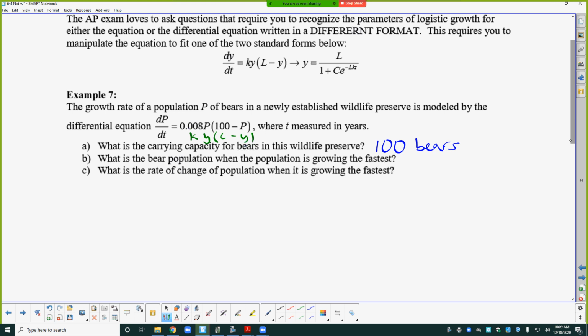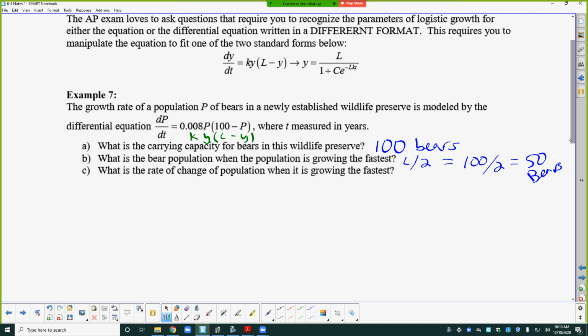What is the bear population when the population is growing the fastest? Go ahead and do that whole process that took us about 25 minutes yesterday, or know that it happens at L over 2. It equals 100 divided by 2. In other words, it's 50 bears.